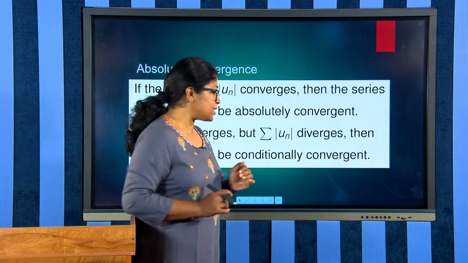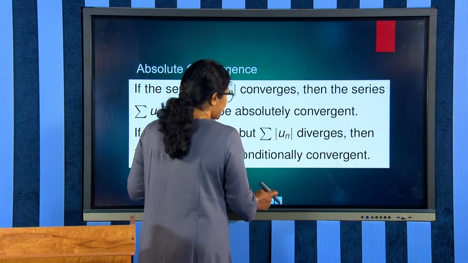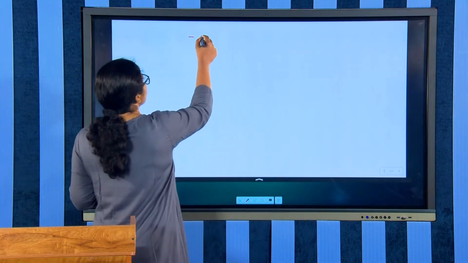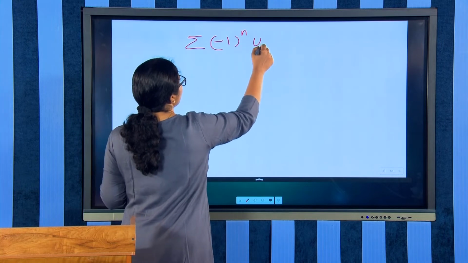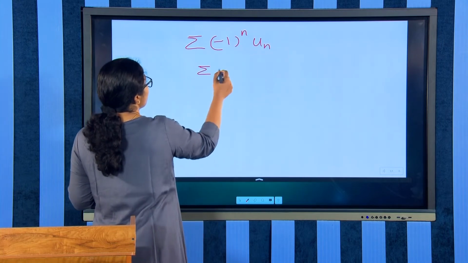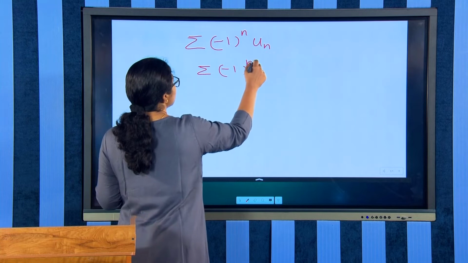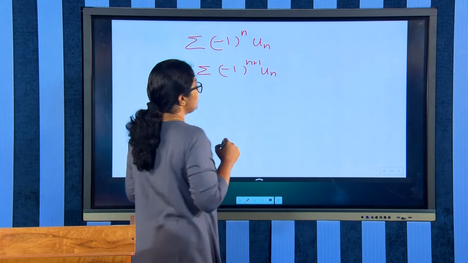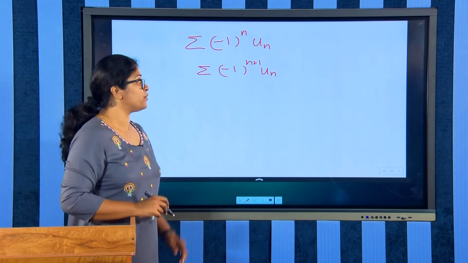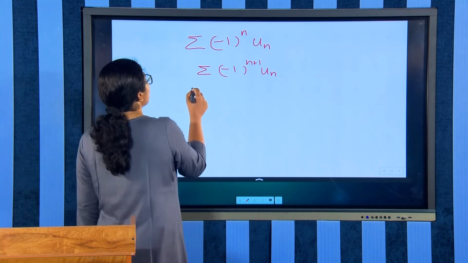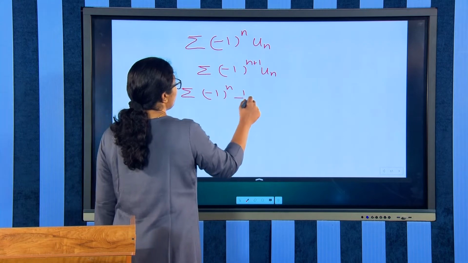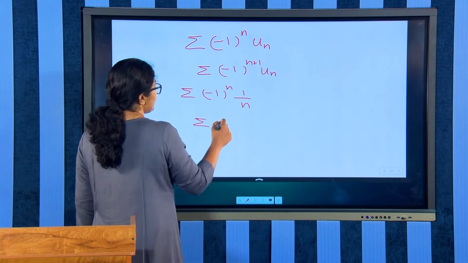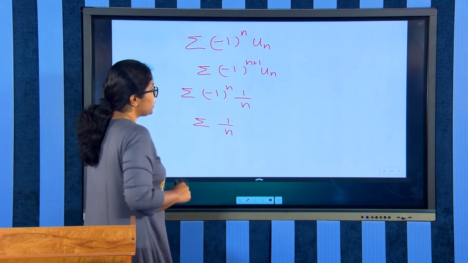So, for alternating series, we had the definition of alternating series like this: summation negative 1 power n un or summation negative 1 power n plus 1 un. But when it comes to absolute convergence, we can show an example: summation negative 1 power n 1 upon n and summation 1 upon n.